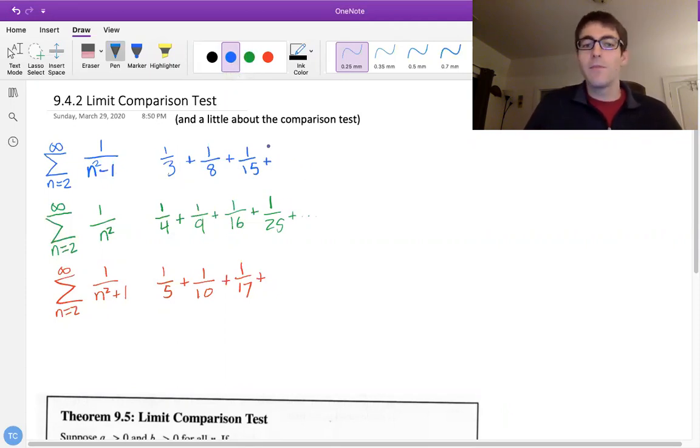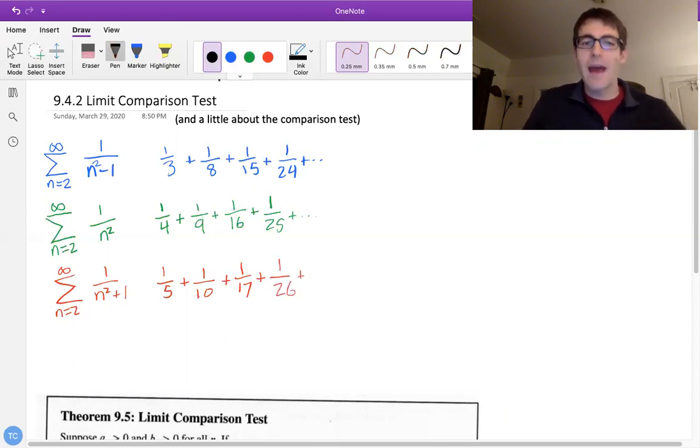This blue one is going to be differing from the green one in that the denominator is going to be one less. So 1/3, 1/8, 1/15, 1/24. Each of these denominators is one less than the denominator of the green. With the reds, the denominator is one more.